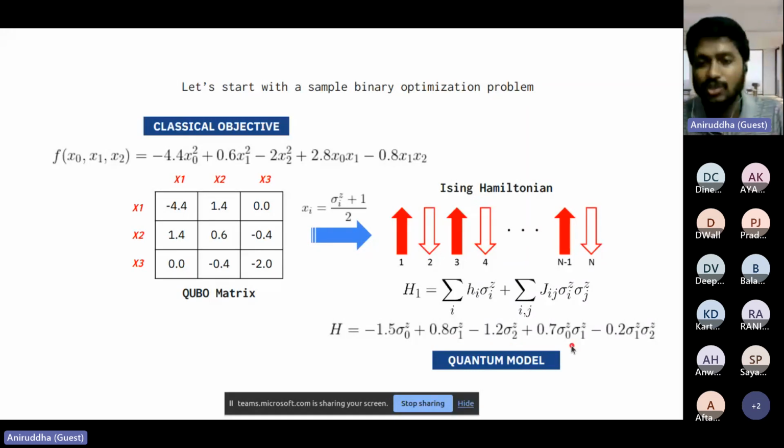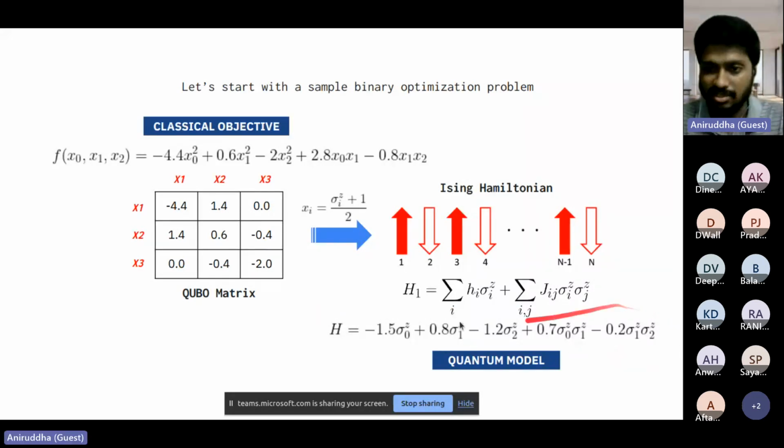So what you have done here is basically convert your classical problem into a quantum Hamiltonian, and this Hamiltonian is native to the quantum architecture. It is called the Ising Hamiltonian, named after a scientist. I'm not able to exactly recall the name of the scientist, but this is called the Ising model, and this Ising model is basically native to the quantum hardware that we talk about.